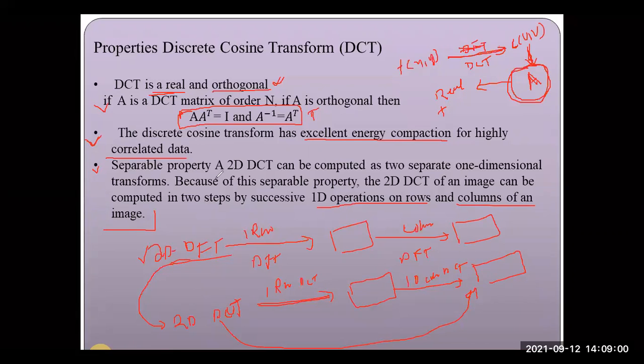The reason is that in case of DFT, we are using complex representation, due to which the computation is highly complicated, and the time complexity is much higher. The second reason is that the energy compaction in DFT is not so efficient. These are the two main reasons why we go for other transformations.